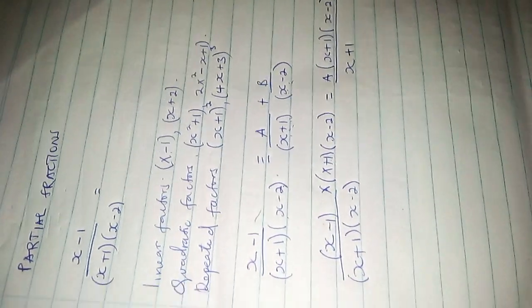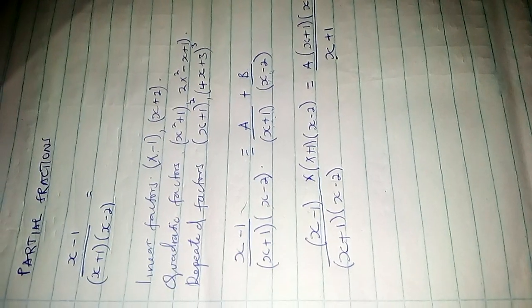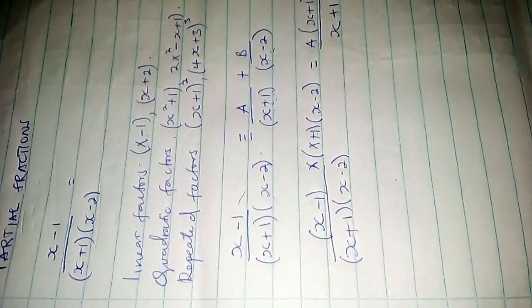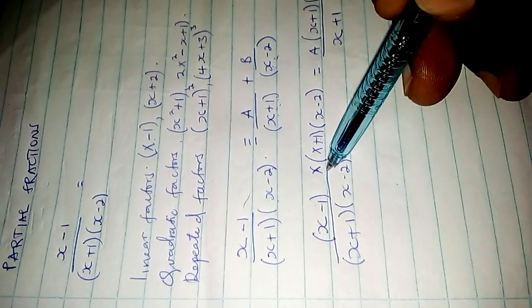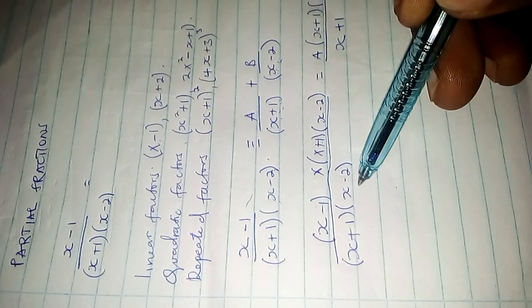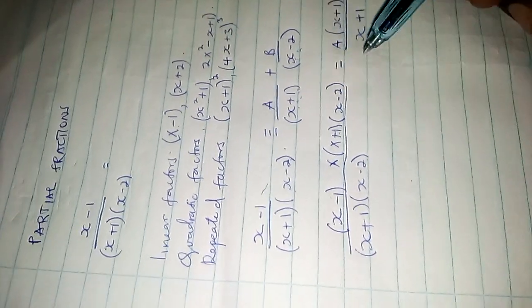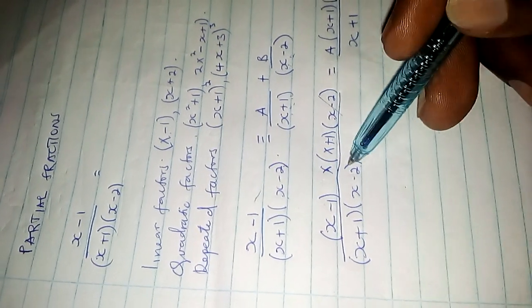Here we can see that x minus 2 and x minus 2 are the same, so we can cancel them.